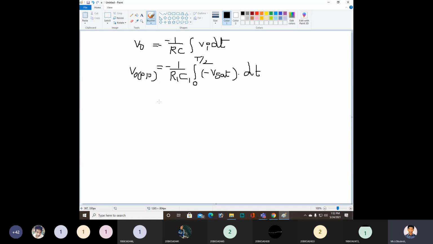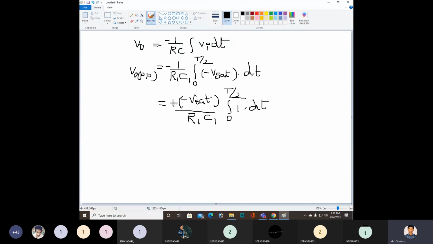Okay, I need to simplify the expression. Here we have minus, here we have minus, right? Minus V sat by R1 C1 integral 0 to T by 2 of 1 into dt.